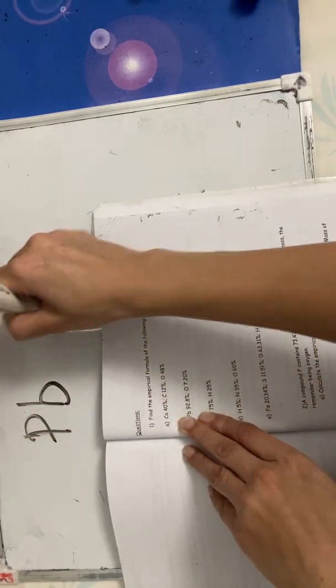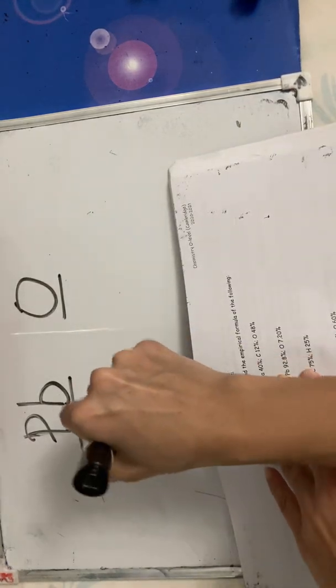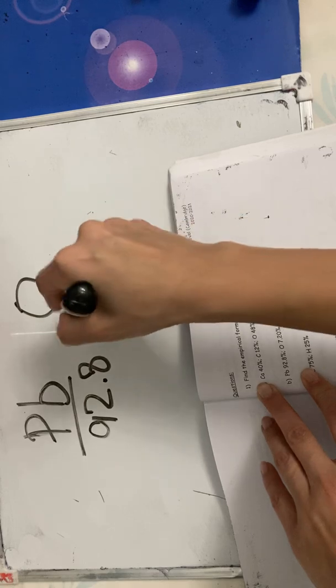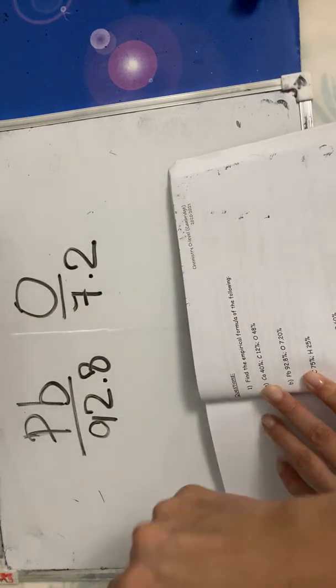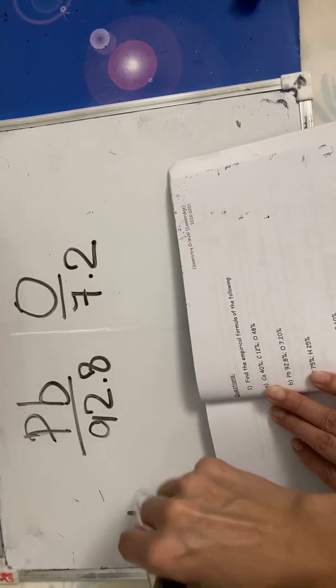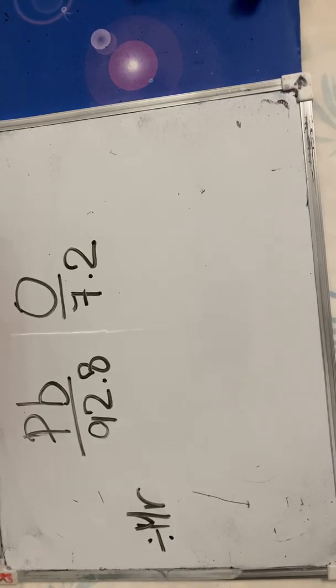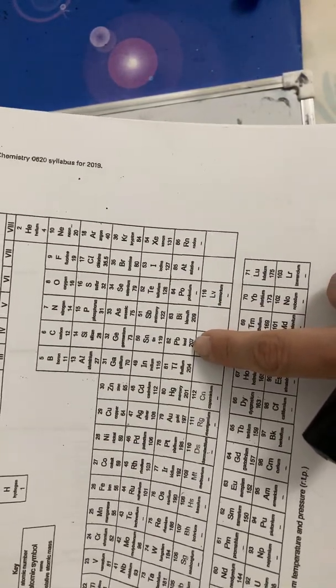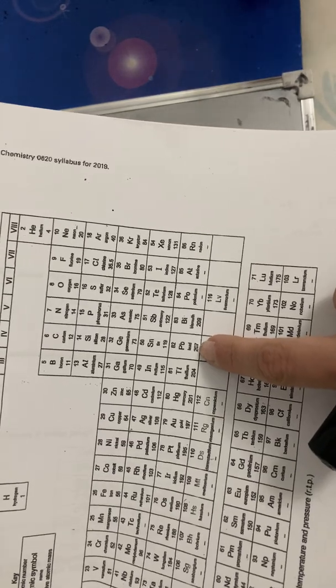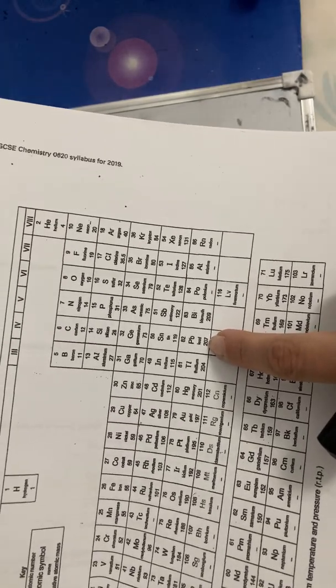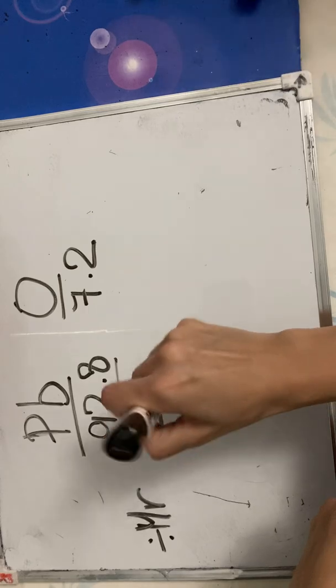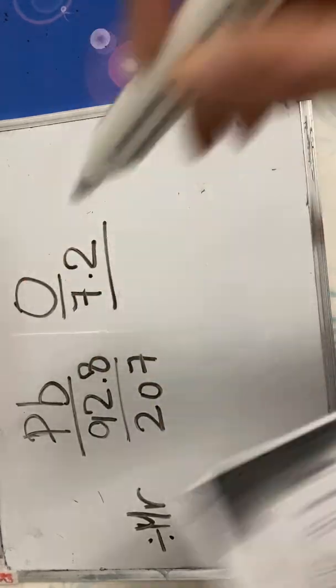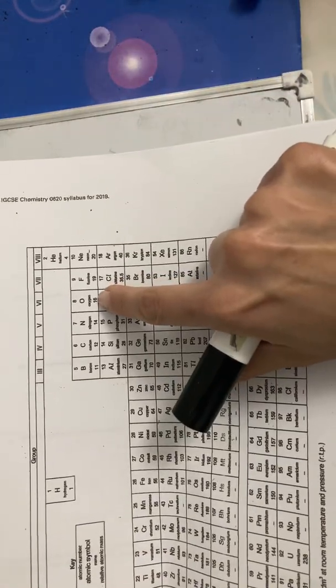Here's lead, here's oxygen. 92.8, 7.2%. The first step is divide by the MR. So you go to the periodic table and you look for lead. Here it is. The mass number is 207. Mass number is the MR. 207. And the mass number, or the MR of oxygen, is 16.